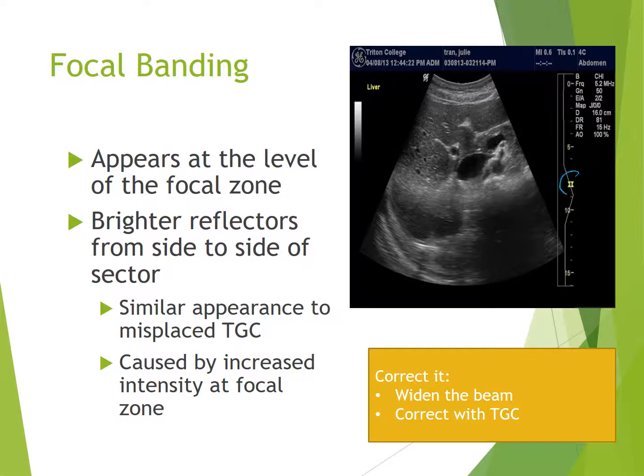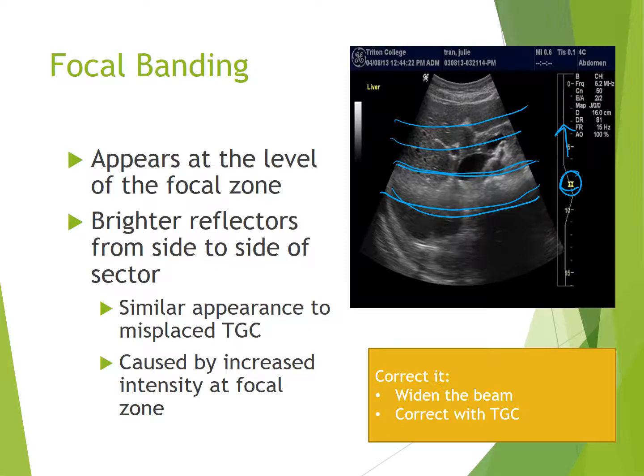So we can see our focal zone is placed here, and right at the level of that focal zone is this little bit brighter hyperechoic band going side to side of our sector field. If we moved our focal zone up, then we would expect to see that band travel with it. It really does kind of look like a displaced TGC to the brighter side.